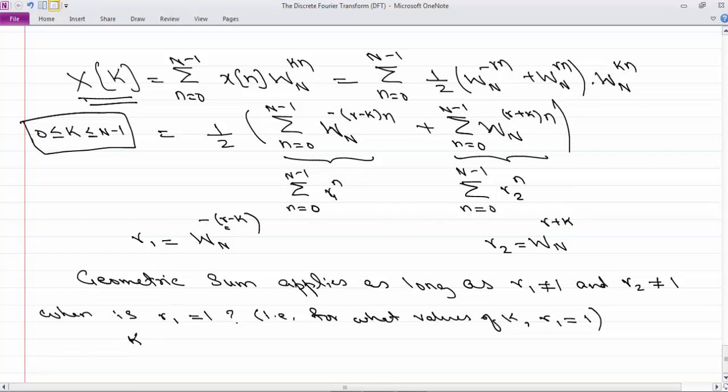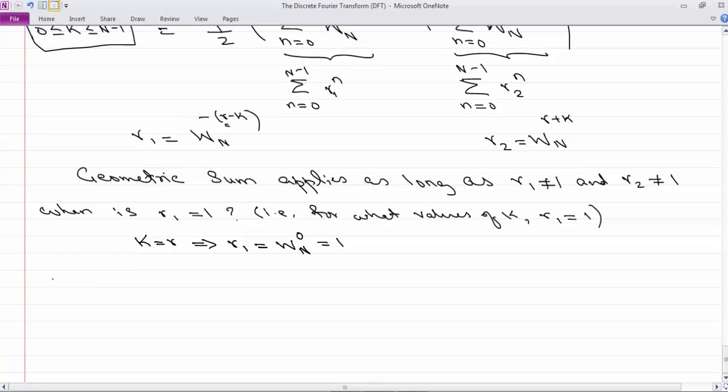So when k equals R, there are too many R's here. When k equals R, this implies that R1 is going to be W_N to the 0, which is 1.